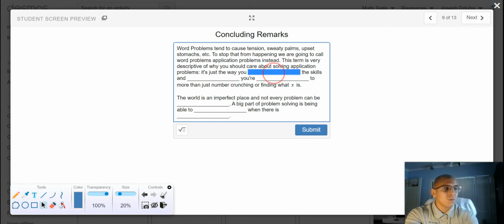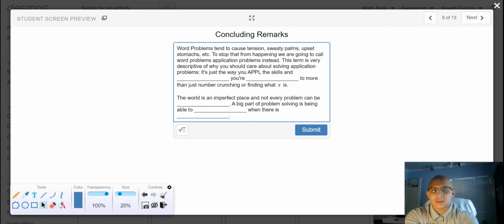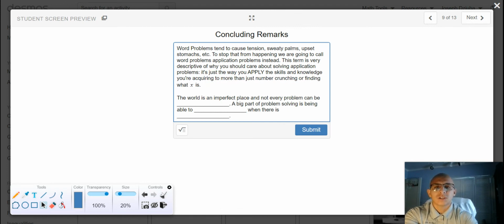It's simply the way you apply the skills and knowledge you're acquiring to more than just number crunching or finding what X is. Because let's be honest, when you get out in the real world, X doesn't exist. You're presented with a scenario, you decide to make a decision, and you've got to live with it.